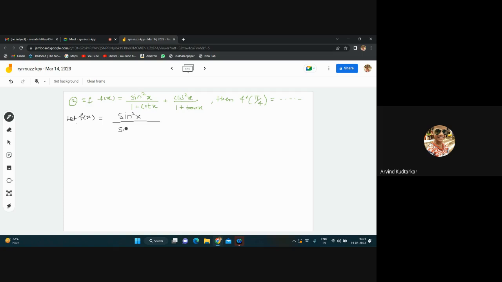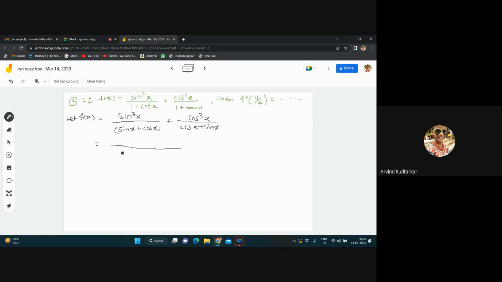Next, 1 plus tan means 1 plus sin by cos. Once again there will be cos x plus sin x upon cos x, and that will shift to the numerator. That is cos square into cos, that is cos cube x. Now in both, the denominator is the same, so you add their numerators. sin x plus cos x or cos x plus sin x are the same because addition is commutative.